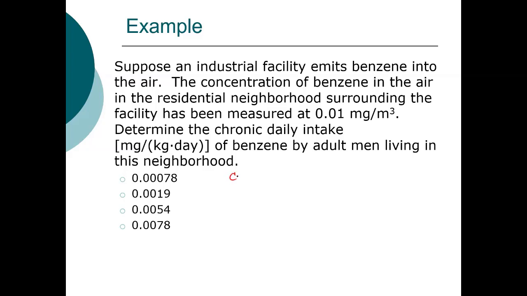So the chronic daily intake is equal to 0.01 milligrams per cubic meter. From that table that I just showed you, the inhalation rate is 15.2 meters cubed per day times 365 days per year.